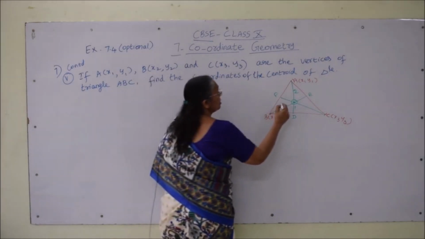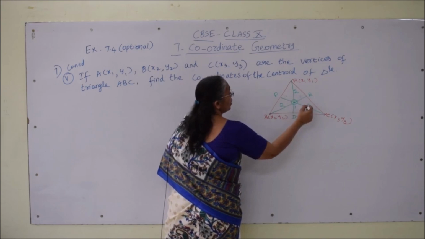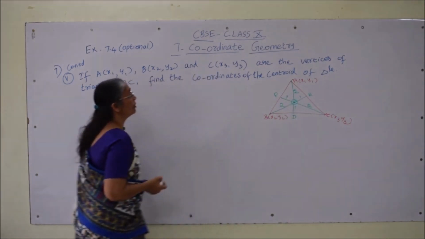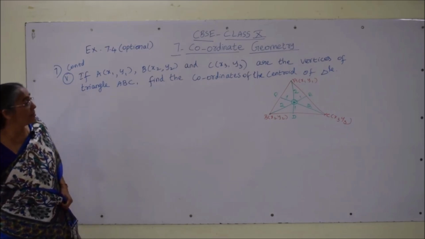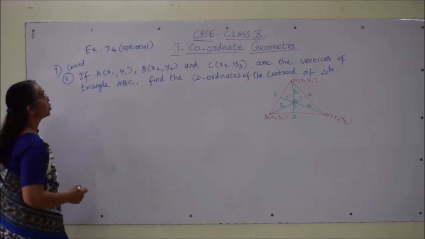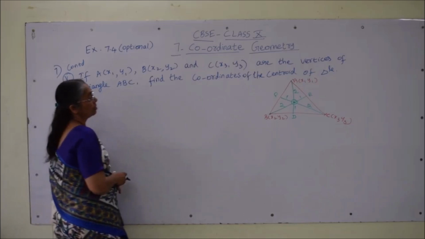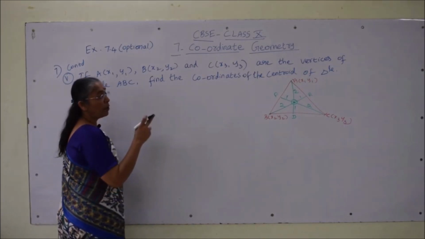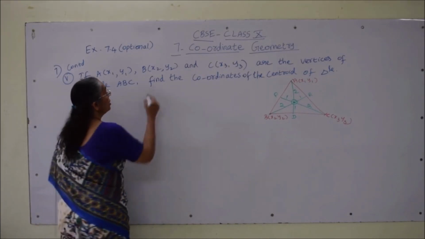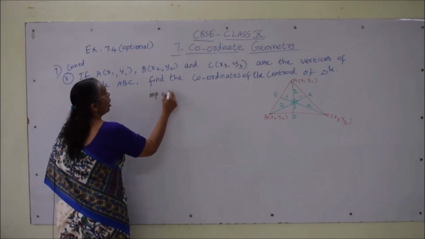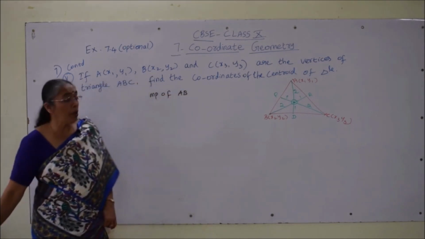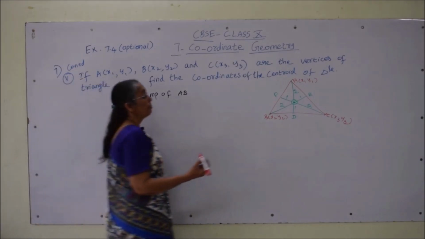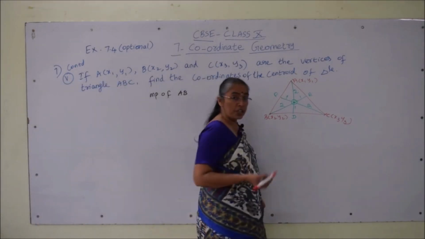So, using these two concepts, we are going to find the centroid of the triangle ABC if A, B and C vertices are given as (x1, y1), (x2, y2) and (x3, y3) respectively. First step, we have to find the midpoint. What are the two formulas we are going to use? Midpoint formula and section formula.